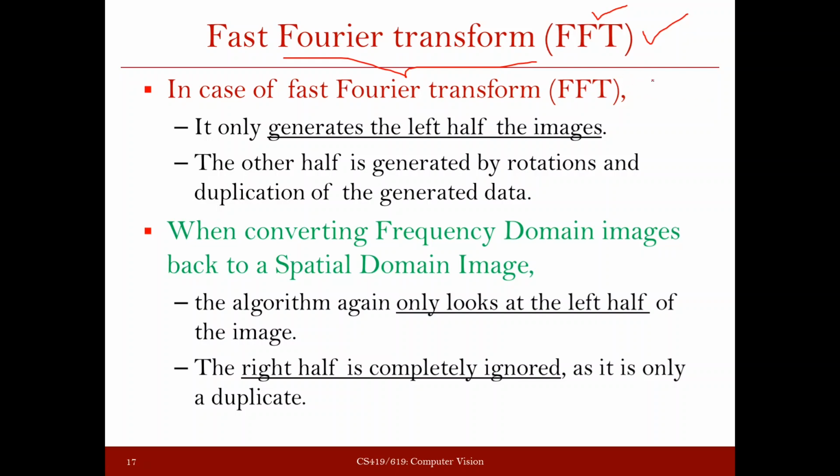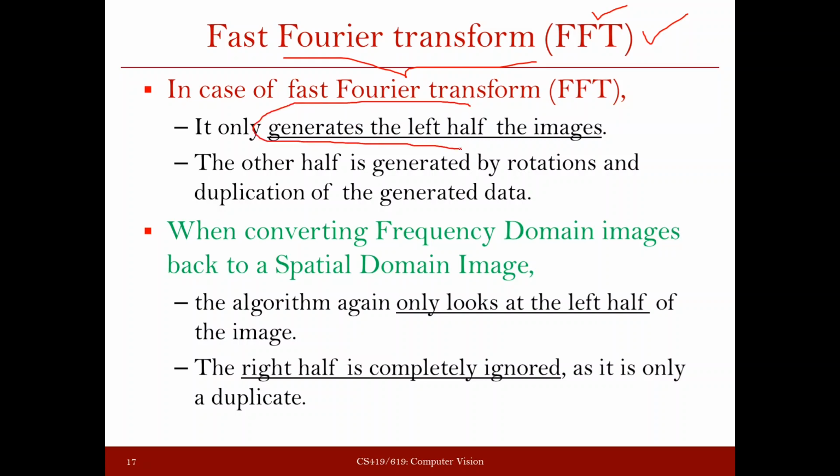As I said in the previous slide, your Fourier transform is symmetrical. So when the fast Fourier transform computes the Fourier transform of an image, it doesn't compute all the values. It just computes half of them.